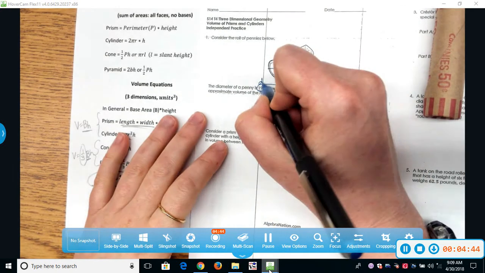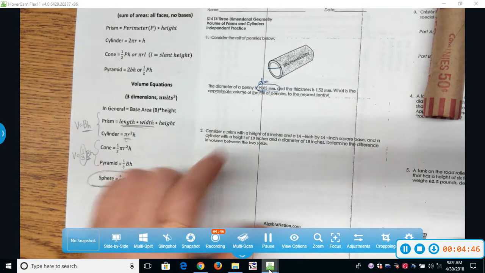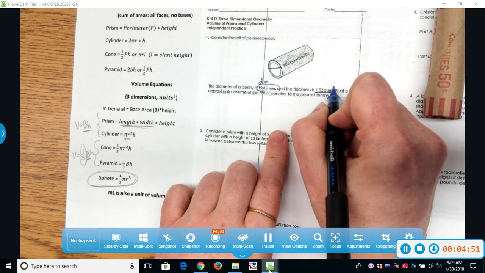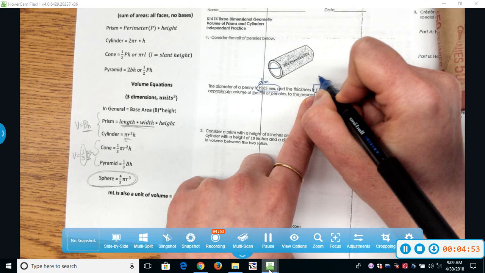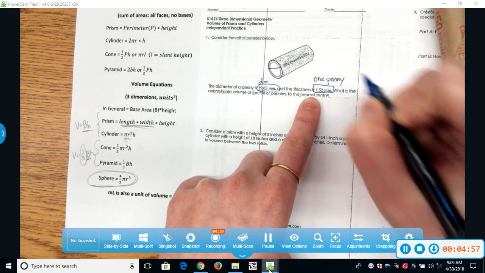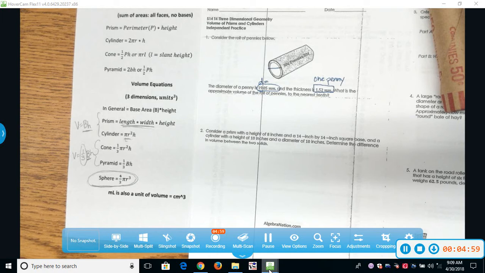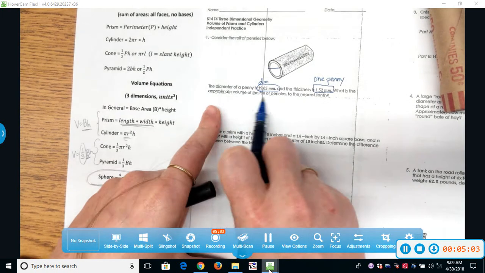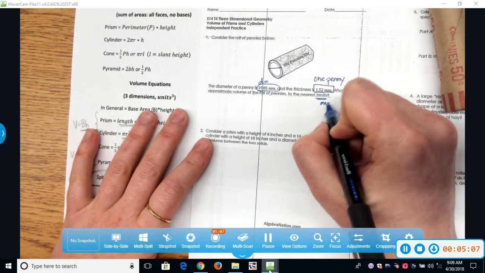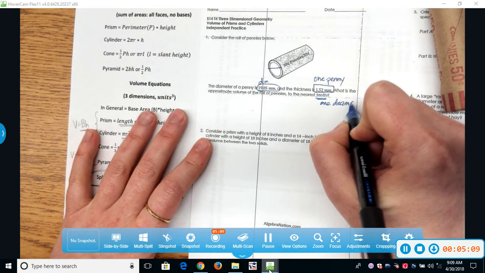That's your diameter. And the thickness is 1.52 millimeters. This is the thickness of 1 penny. All right. So they want to know the approximate volume of the roll of pennies to the nearest tenth. So I need 1 decimal.